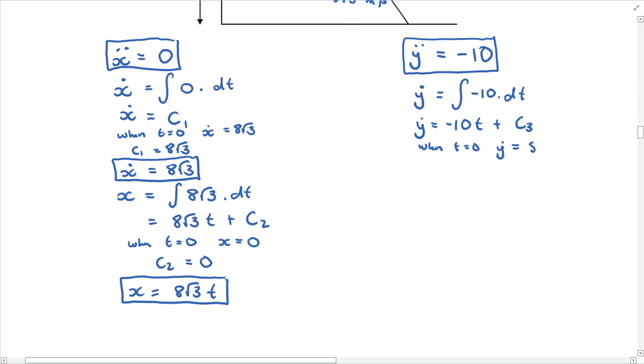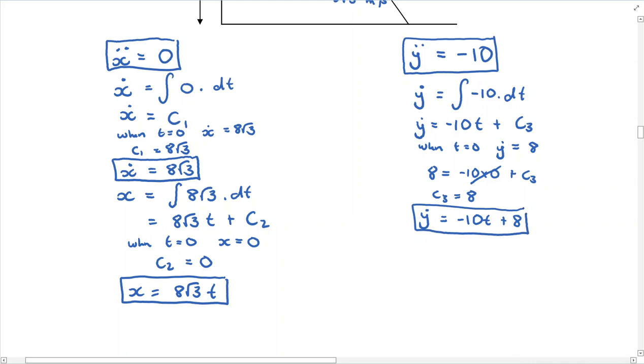Yes, 8. So subbing that in, I would get 8 equals minus 10 times 0 plus the c3, that's just 0. So what's c3 equal to? 8. So my equation for velocity is minus 10t plus 8.